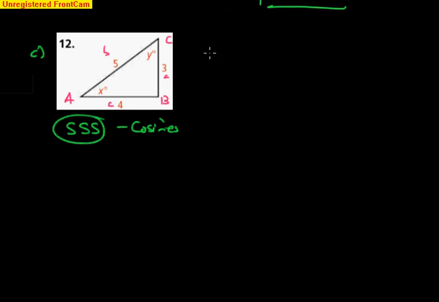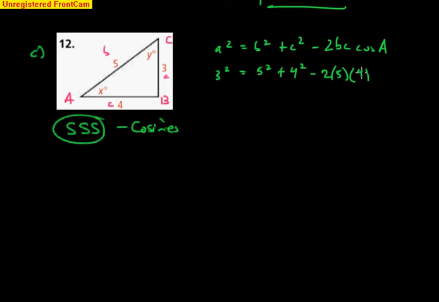So that means I want to find angle A. That means law of cosines starts with side a. a squared equals, finish your Pythagorean theorem, b squared plus c squared, minus 2bc cosine of A. Fill in what you know. a is 3 squared. b is 5 squared. c is 4 squared. Minus 2, 5, 4 cosine of angle A.